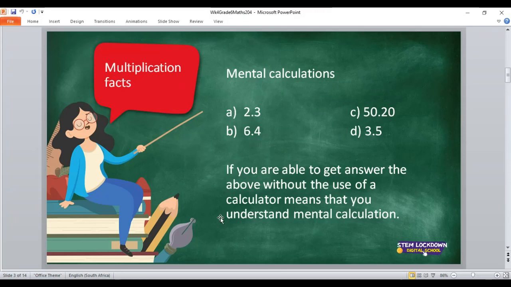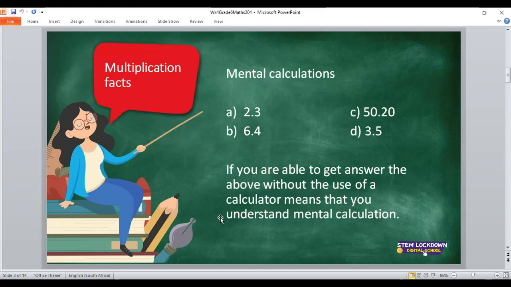Firstly, looking at the screen, we have a heading that says mental calculations. If you're looking at A, B, C, and D, and you are able to give the answer without using a calculator of 2 multiplied by 3, 6 multiplied by 4, 50 multiplied by 20, 3 multiplied by 5, then it means that you do understand what mental calculation is.